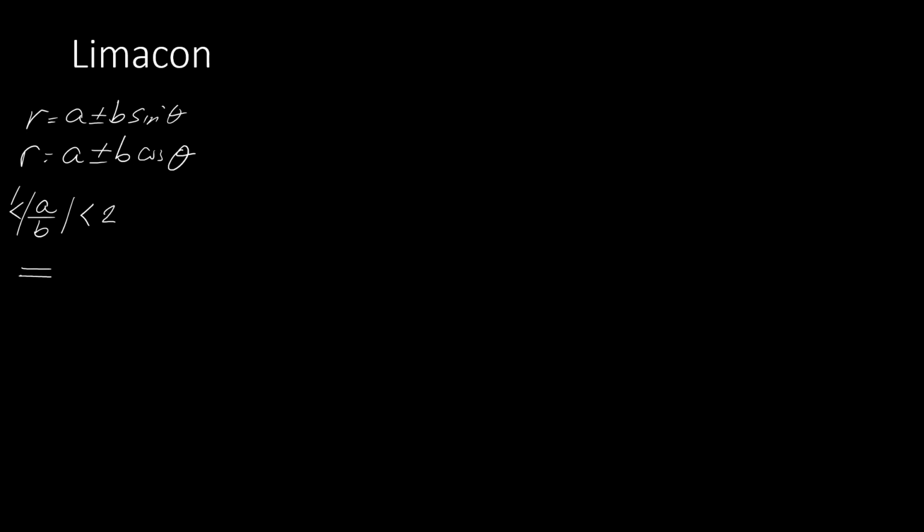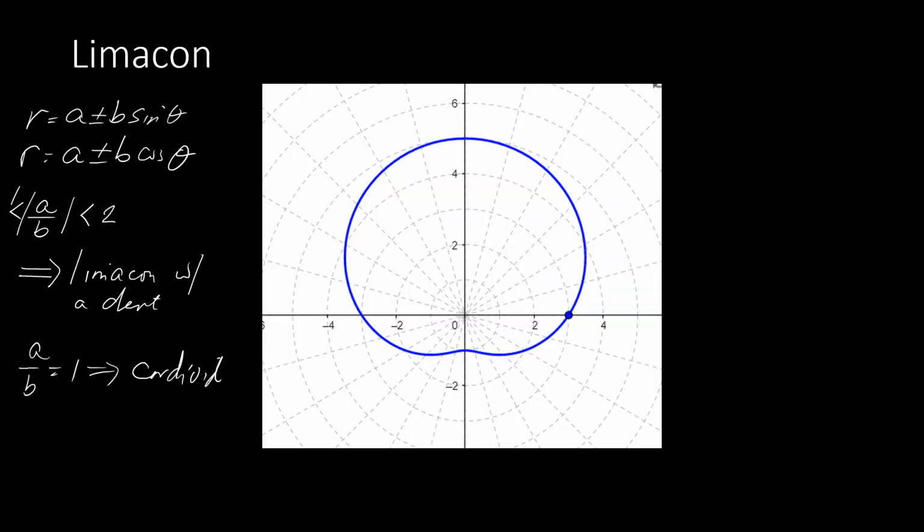Now, this is a limacon with a dent. We know that if A over B is equal to 1, that is a cardioid. So for the case wherein the ratio A over B is between 1 and 2, then it will be a limacon with a dent.